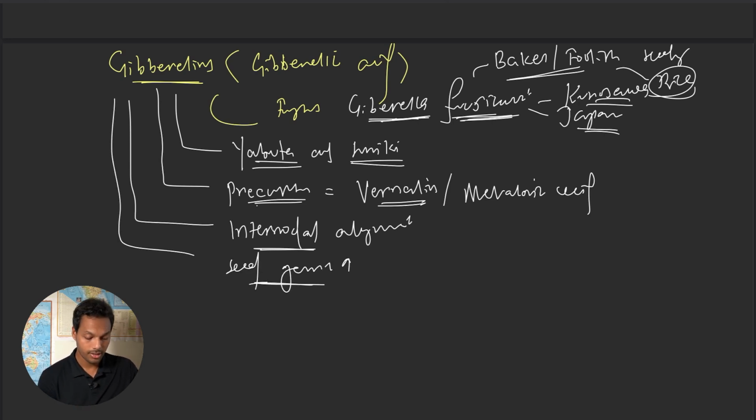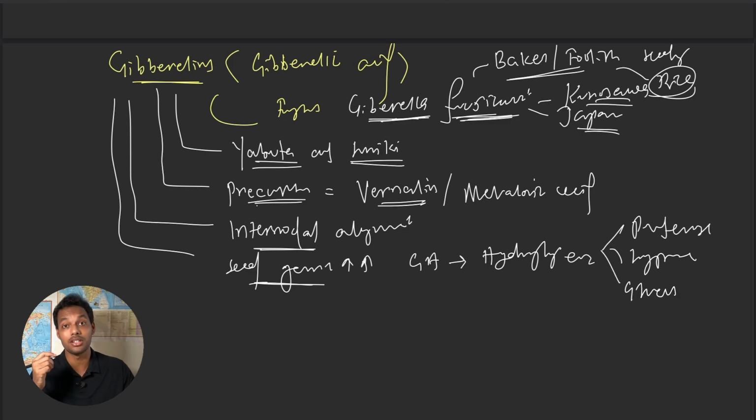Because gibberellic acid secretes some hydrolytic enzymes like peptidase or protease, then lipase, then glucosidase. These are the hydrolytic enzymes secreted by gibberellin, which help in seed germination. So it has an immense role in seed germination, and without gibberellic acid, seed germination cannot happen.